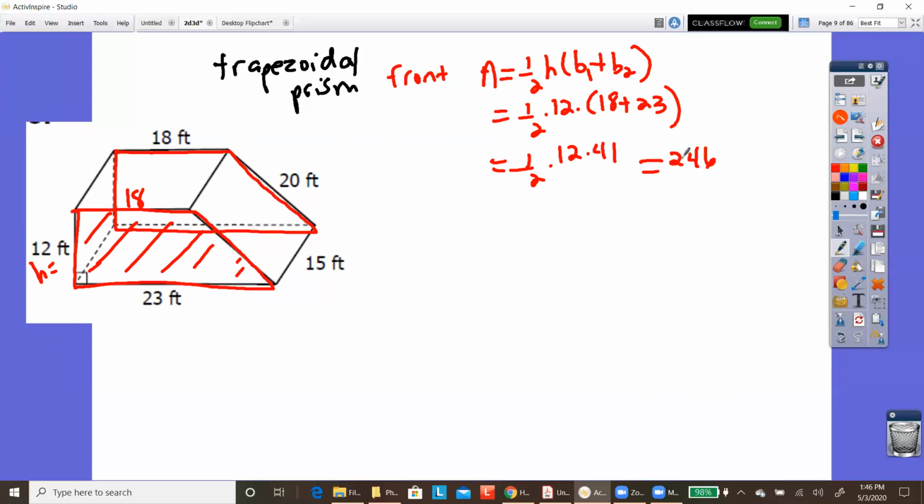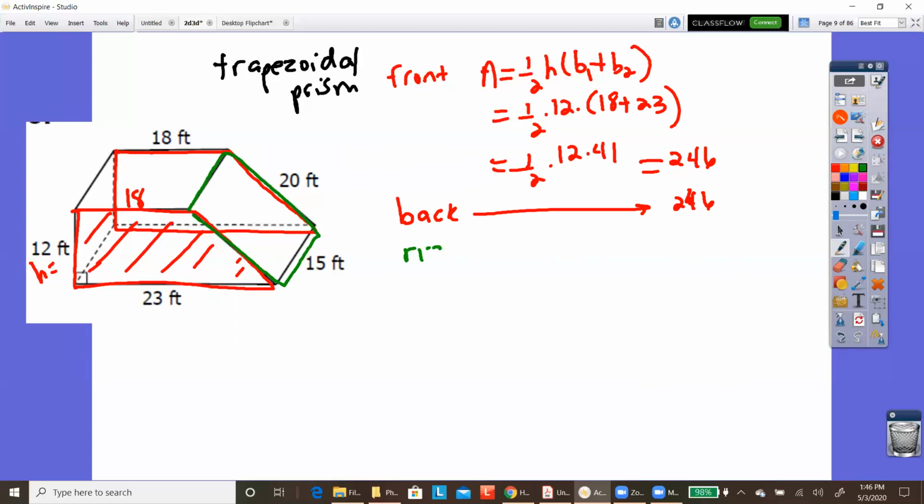Now again, that's going to be the area of the front, and that's also going to be the area of the back, because the back is the identical trapezoid. Now let's do those 4 rectangles on the lateral surface. This rectangle here in green, let's call that the right.